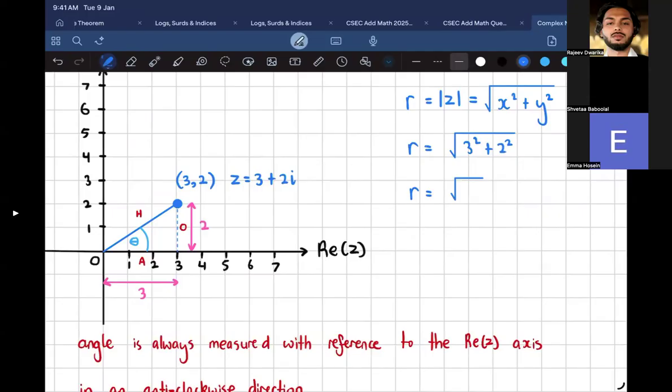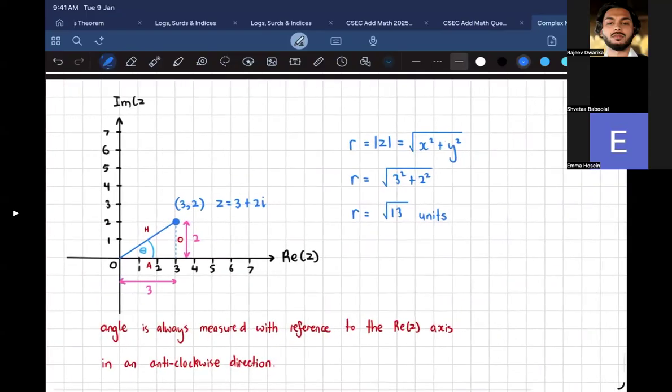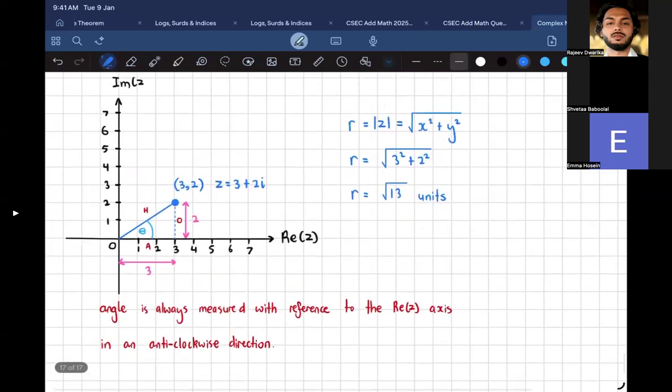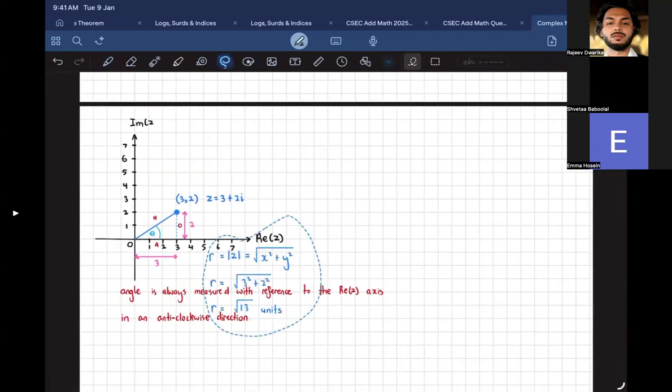That'll be 9 plus 4. 9 plus 4 is 13. So in other words, this would be square root of 13 units long. Understand? So that's one aspect of it. Now, Shweta, the other aspect you probably see is there's an angle involved, right?